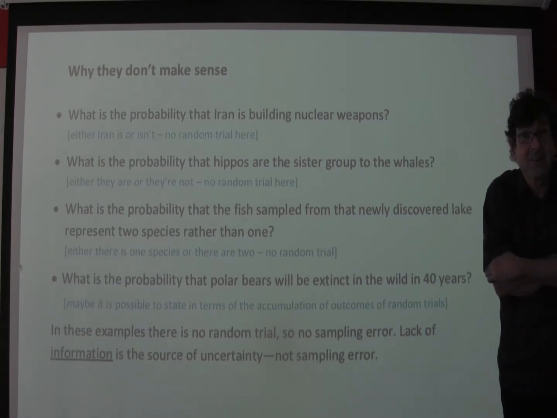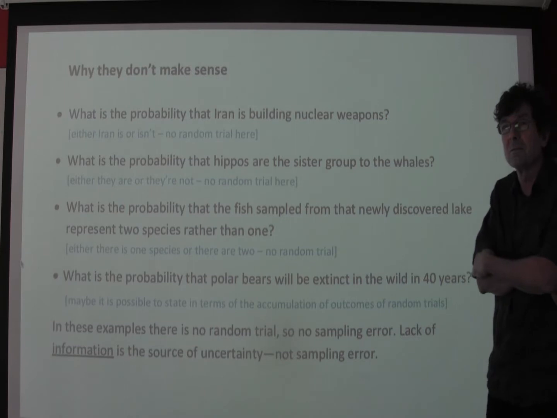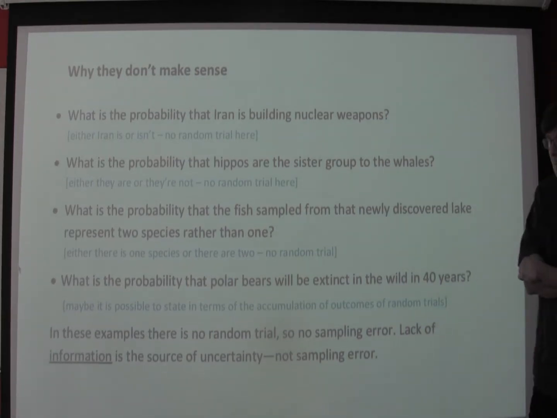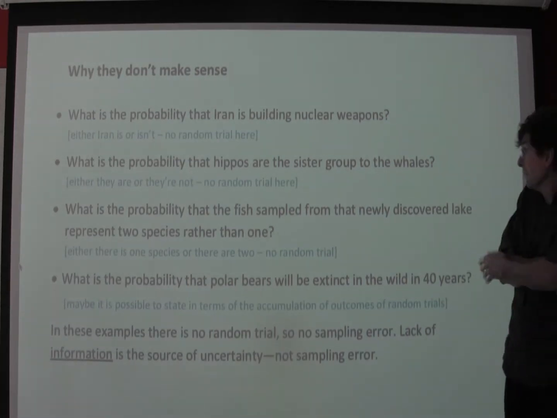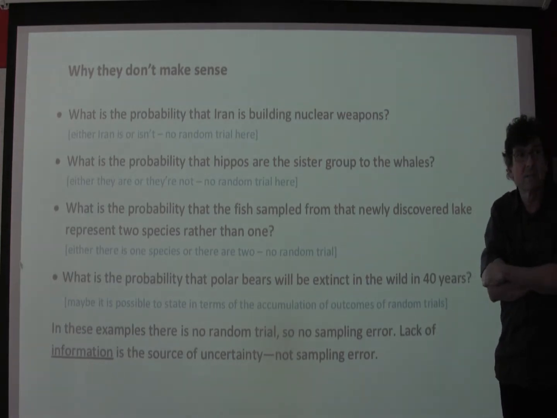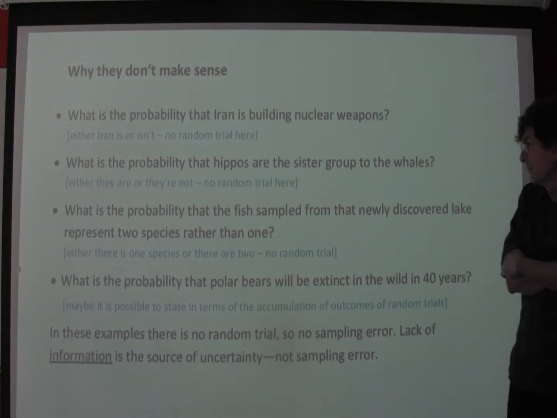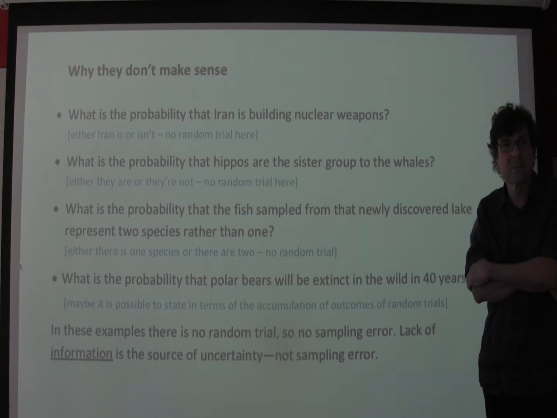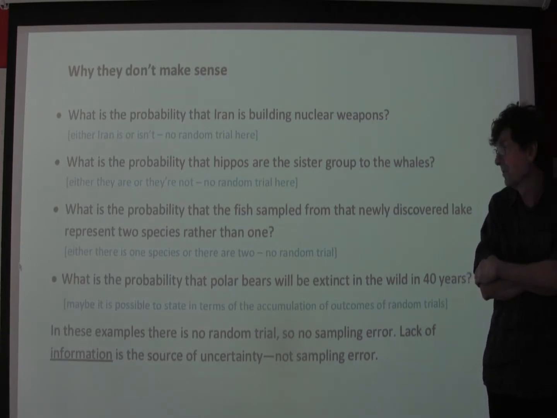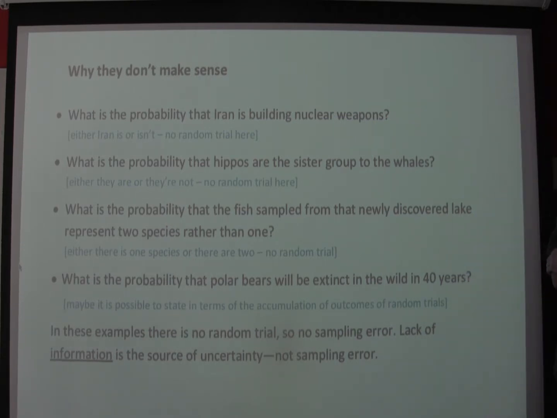Well, either they are or they're not. There's no random trial here. What's the probability the fish sampled represent two species instead of one? Again, no random trial here. Either there's one species or two. It's up to us to figure it out.